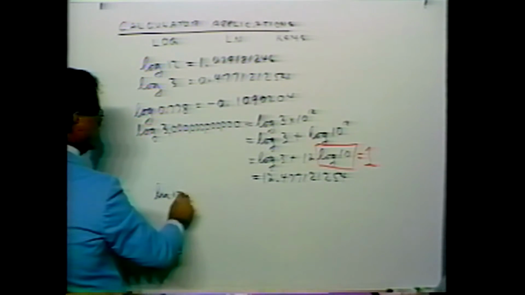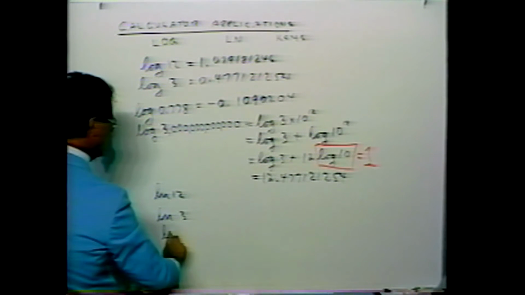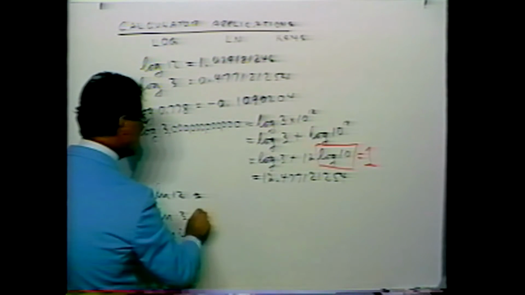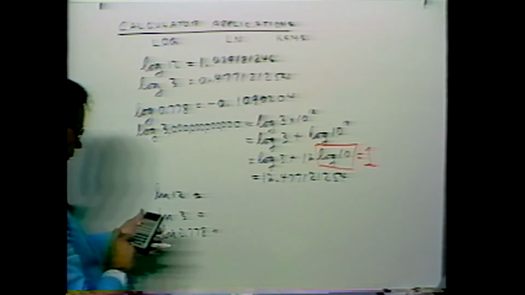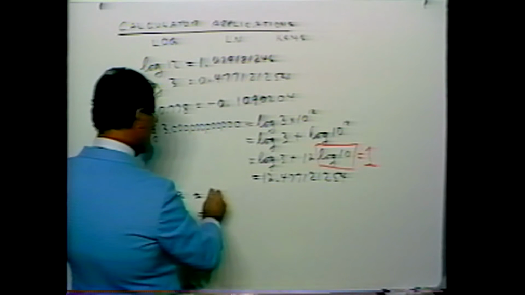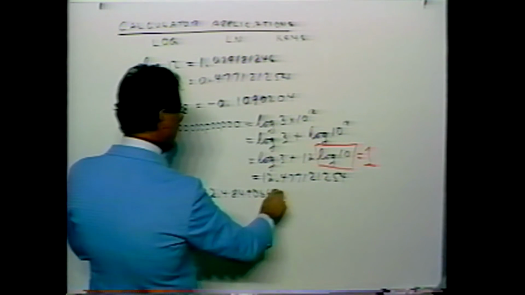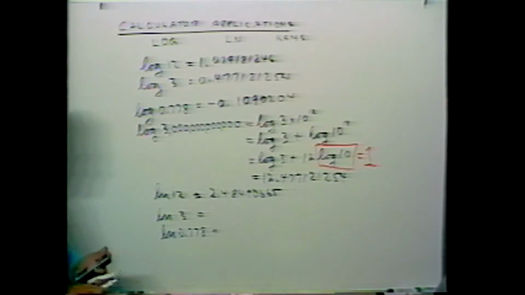Let's do a few for ln, and in fact we'll take the same numbers that we did there. What is the ln of 12, and what is the ln of 3, and what is the ln of 0.778? This time, use the ln key of your calculator and you should have it. So for 12, the ln is 2.48490665. Don't expect this to be the same answer where you're dealing with base 10.